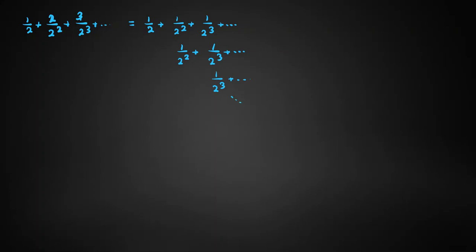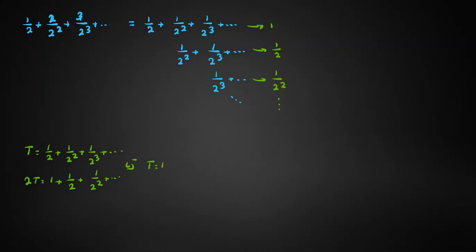So we need to find the sum. Suppose t is 1 over 2 plus 1 over 2 squared plus 1 over 2 cubed, and so on. If we multiply t by 2, it will be 1 plus 1 over 2 plus 1 over 2 squared, and so on. If we subtract t, the first line is 1, the next one is t over 2, which is 1 over 2, next one is 1 over 2 squared, and so on.